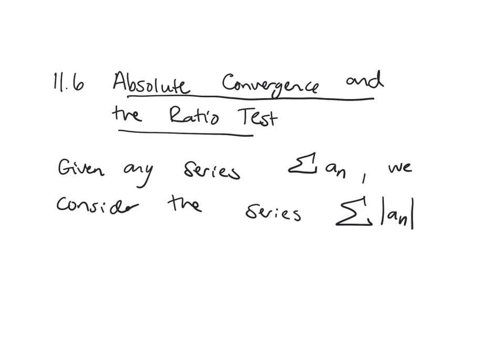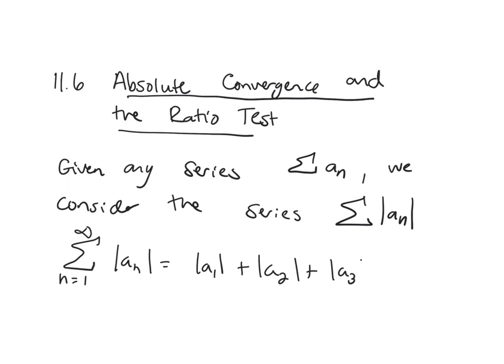Okay, so this series has terms a_n here. So if this was n equals 1 to infinity, you'd be taking the absolute value of a_1 plus the absolute value of a_2, and so forth.